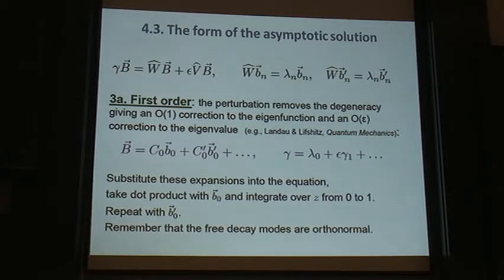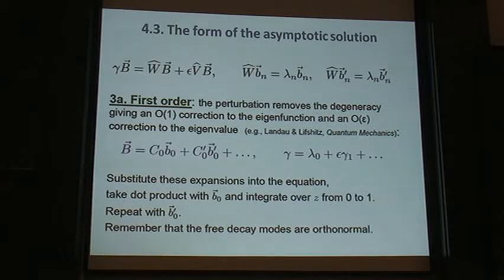Or should I first separate terms of different orders? No, let's do it, yes. Let's now separate terms in epsilon. I will have gamma naught C naught B naught plus gamma naught C naught dash B naught dash is equal to C naught lambda naught B naught plus C naught dash lambda naught B naught dash. This is the zeroth-order term, and these terms contain epsilon.